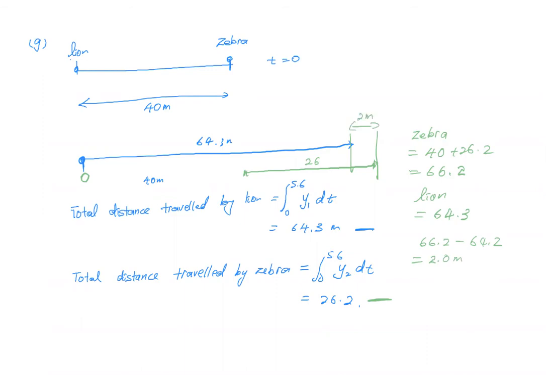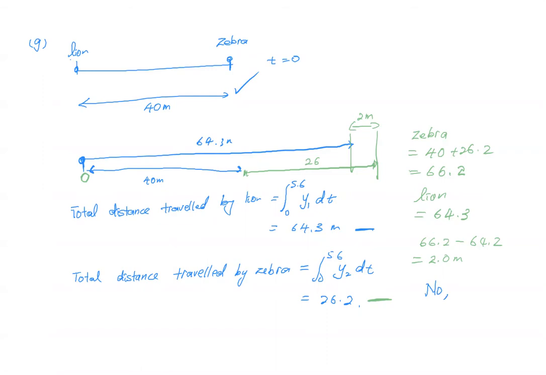So the lion did not catch up with the zebra. Can or not? So this particular beginning, the distance is very important. So read the first part of the question carefully. So the answer is no.